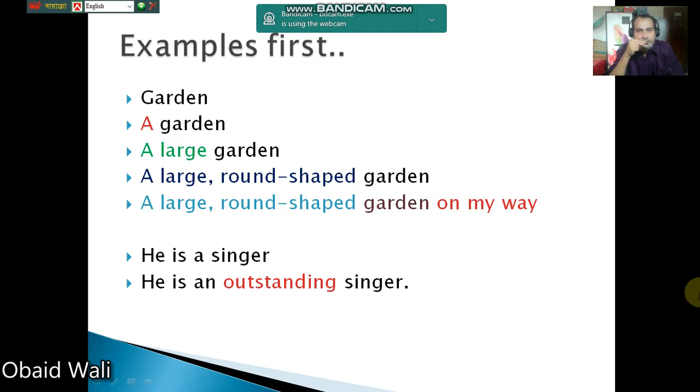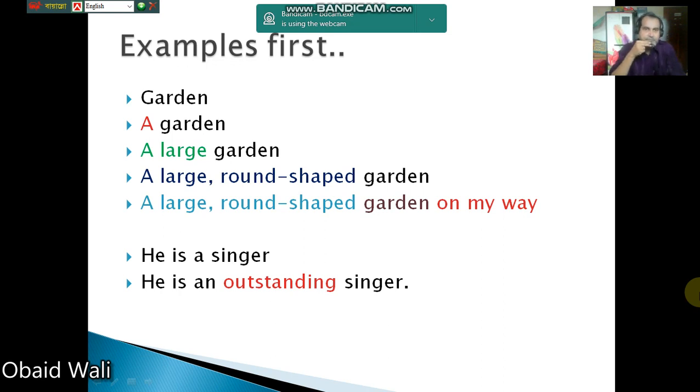So you see a single word garden has got new and new shapes 4 or 5 times, and every time new information has been added, and it has got new length.